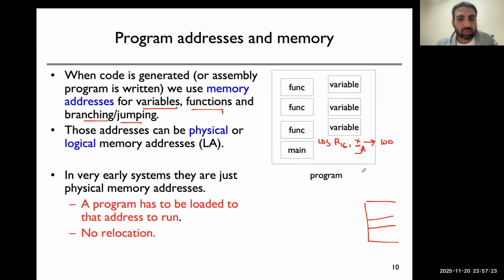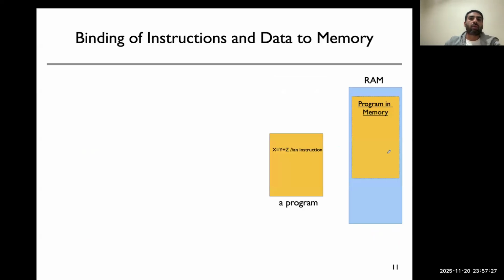This is because we are using only physical addresses, and we have an example in the upcoming slide. Remember we said that when you have a program, you can have different instructions, and those instructions possibly access data from memory. Now let's say you have a high level statement x is equal to y plus z.